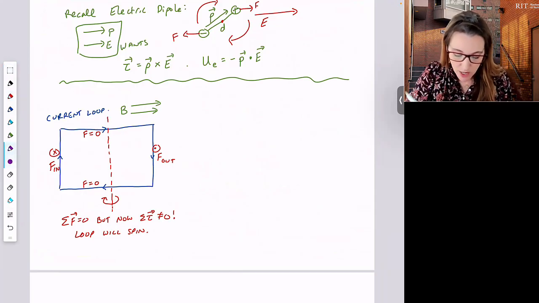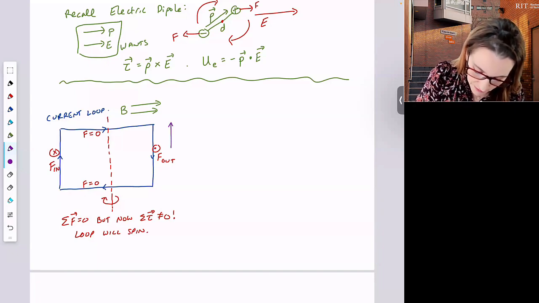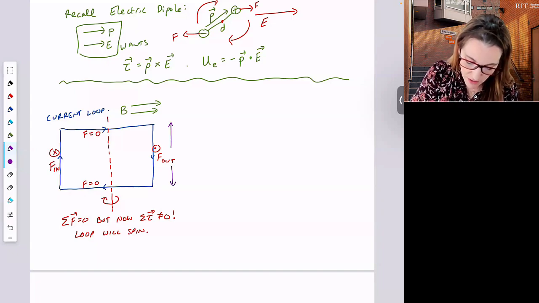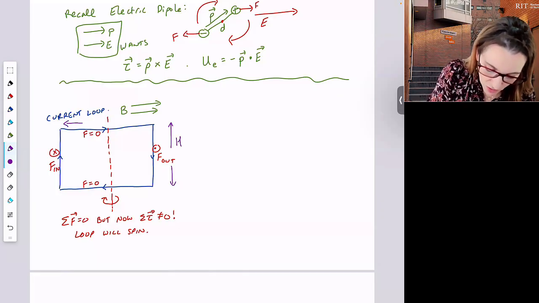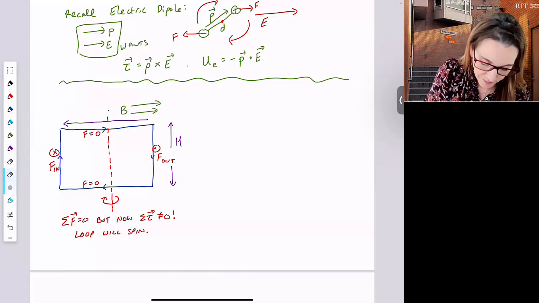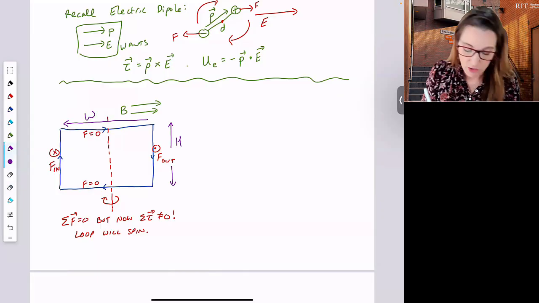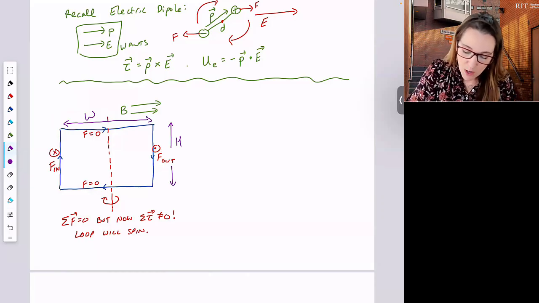Let's call the height length H, and then let's call this over here W, as just the dimensions.